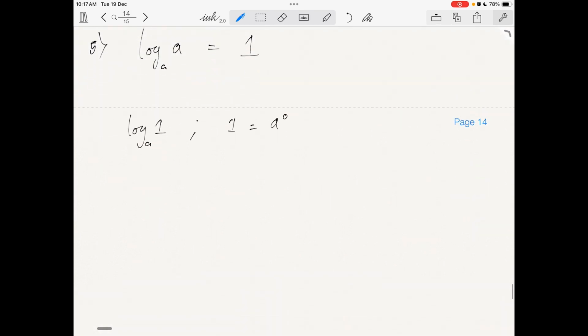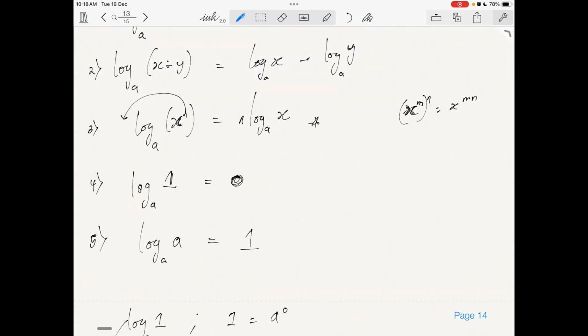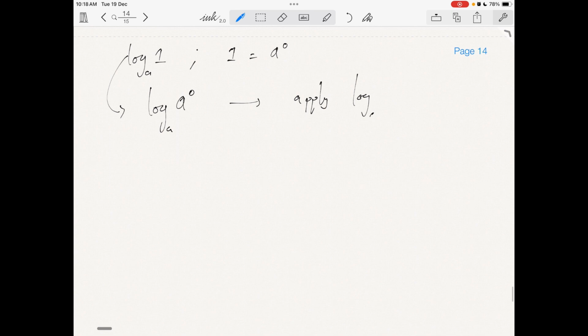So if I substitute 1 to be a raised to power 0 in this, I have log a raised to power 0. Now if I apply the rule that log x raised to power n to base a is equal to n log x to base a, that means my 0 becomes a coefficient. 0 log a, right?